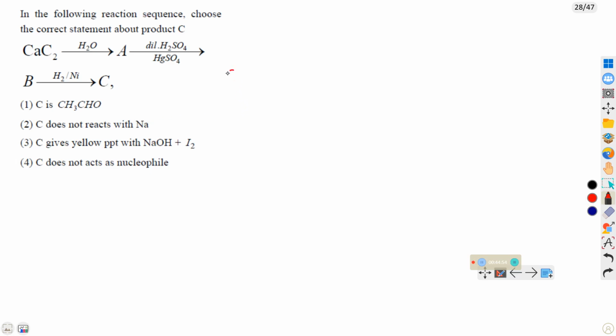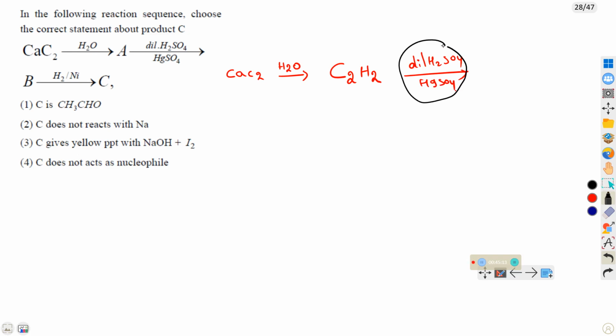Complete the following reaction. Calcium carbide undergoes hydrolysis. Then it gives acetylene C2H2. Acetylene reacts with dilute H2SO4, HgSO4. If we are using this reagent, the process is called acidic hydrolysis.